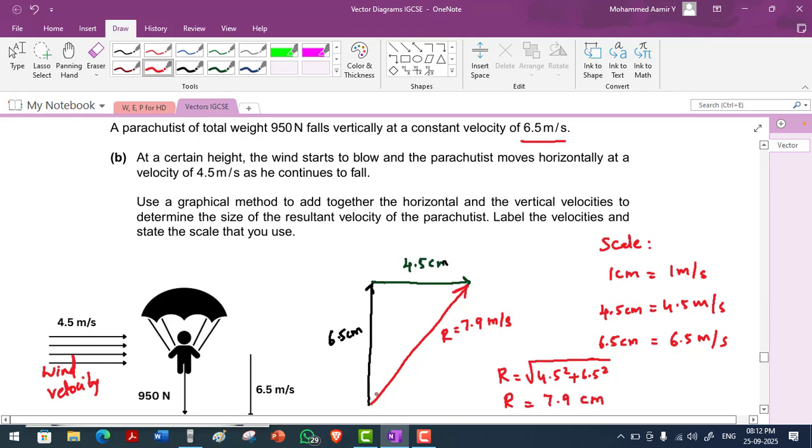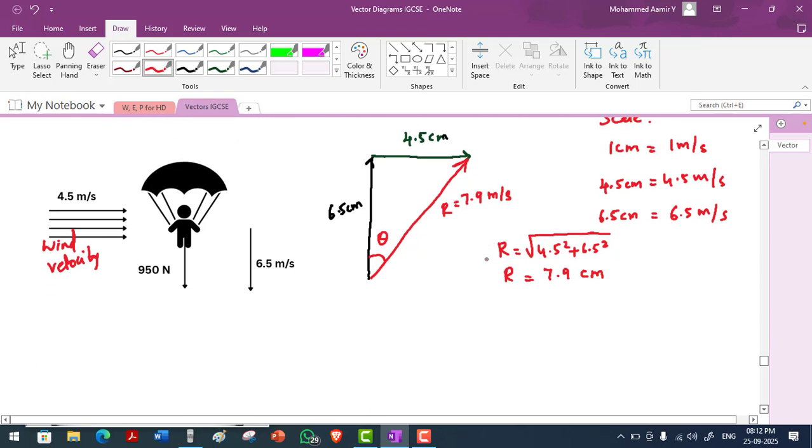If they ask the direction, then you can take this theta and mention it to the vertical, because I have taken it from the vertical line. So tan theta is equal to opposite by adjacent, which is 4.5 by 6.5. So theta will be equal to tan inverse of 4.5 by 6.5.